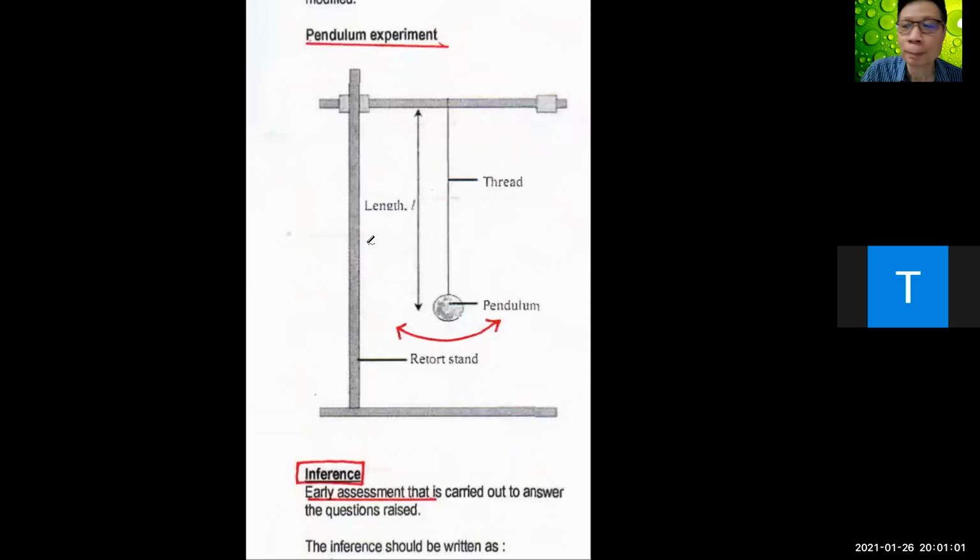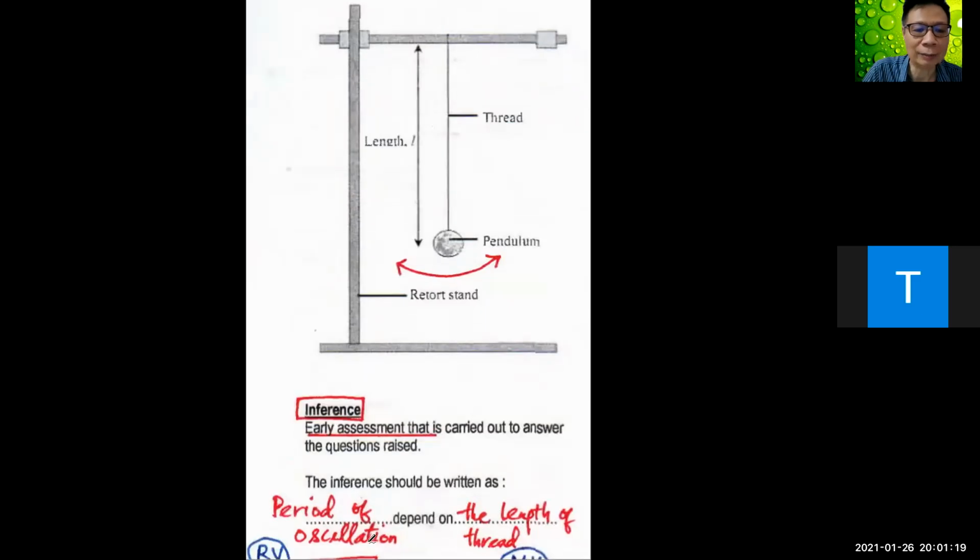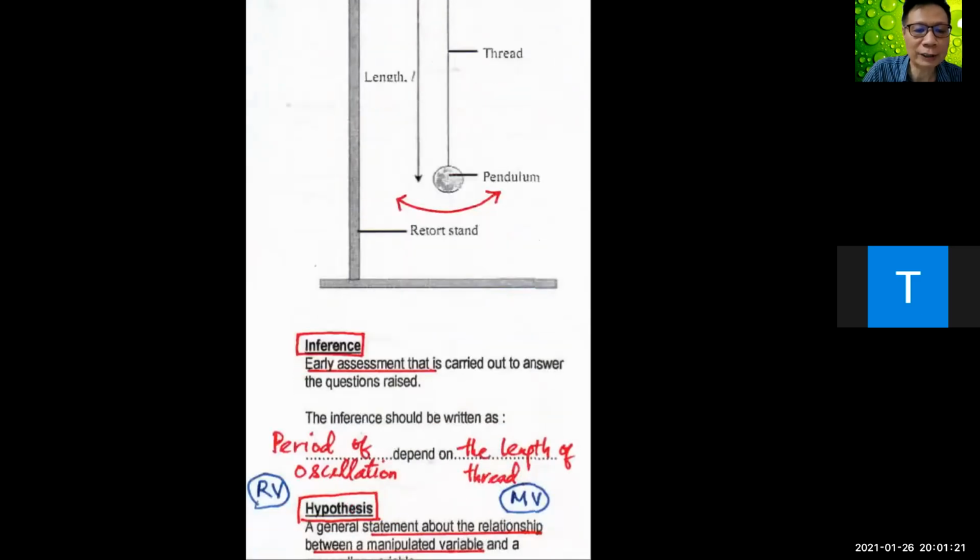To write the inference, we have a format, cannot simply write. So you must follow a format. There are certain words we have to use to write inference. Now for the first time I give you the answer. To write the inference, you need to write this way.